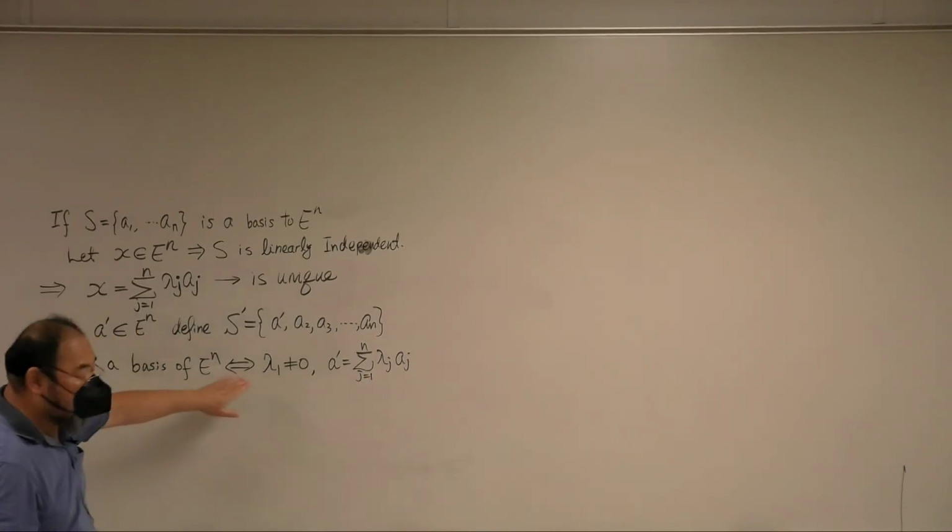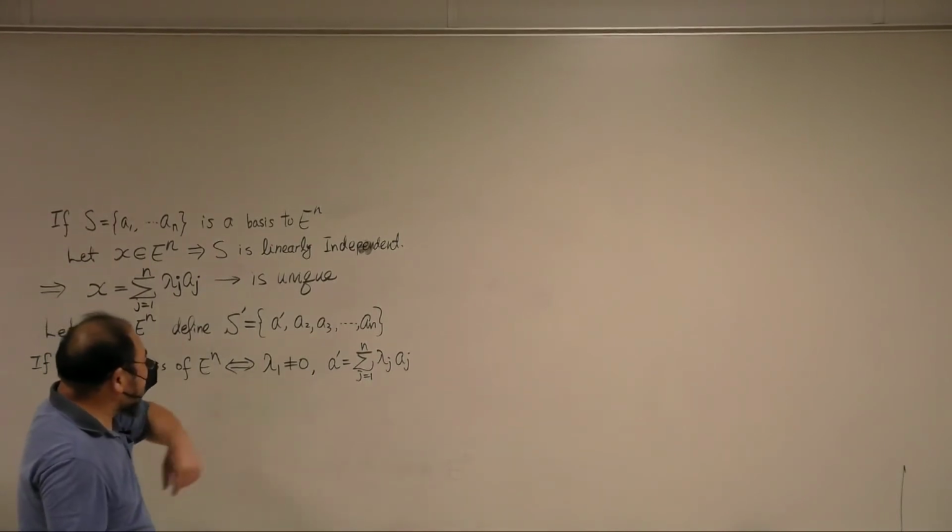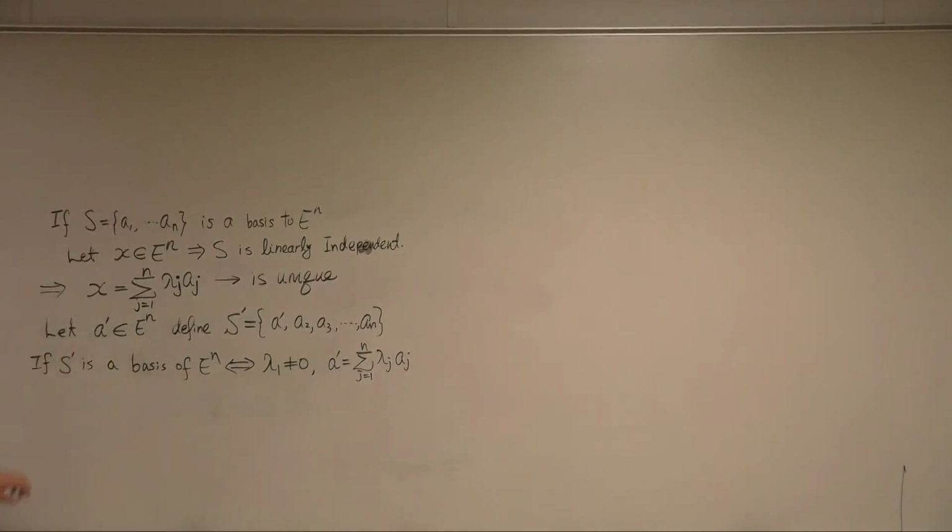And lambda 1 has to be non-zero. Everybody okay? That means what? If lambda 1 is zero, then we have trouble. We see what happened.